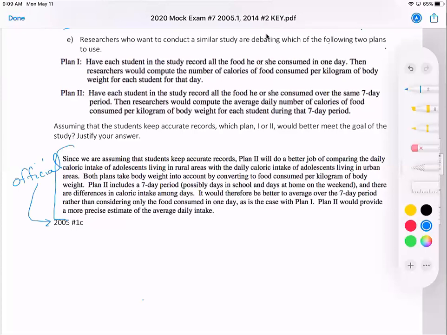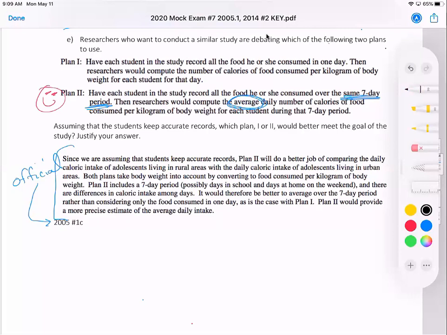That's kind of what it sounded like earlier on. That's the plan that they used. And then plan 2 sounds a little new. Have each student record all the food they've consumed over the same 7-day period. So I record it for a 7-day period, you record it over the same 7-day period. Then researchers would compute an average. I hope that that one sounds really good to you. And then it's just explaining why that is.